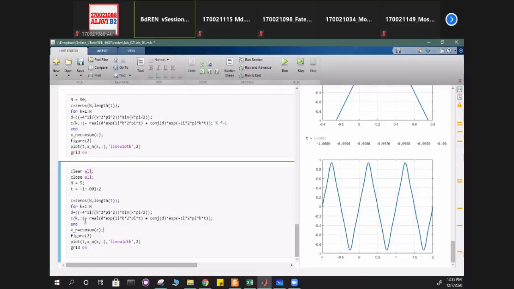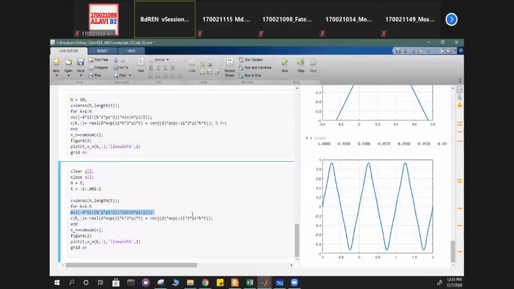Now we can do the same thing for any xk. If you have been given xk for any periodic function, then you just need to put it here. If you want to reconstruct, you need to change this thing only. Yes, sir.